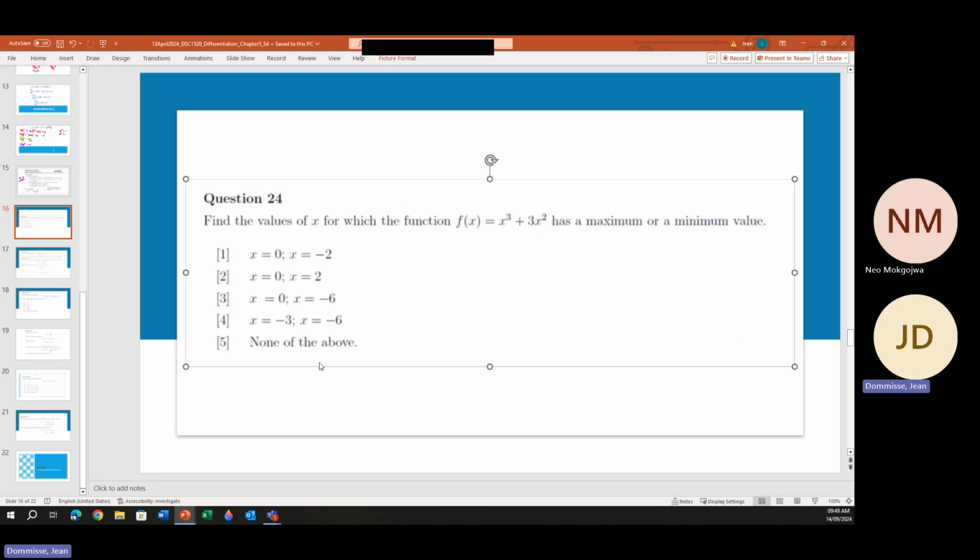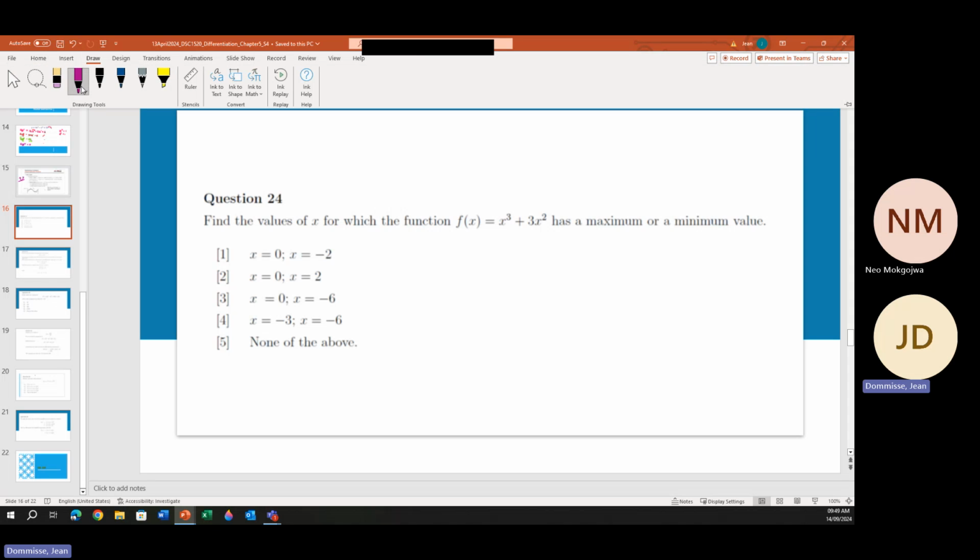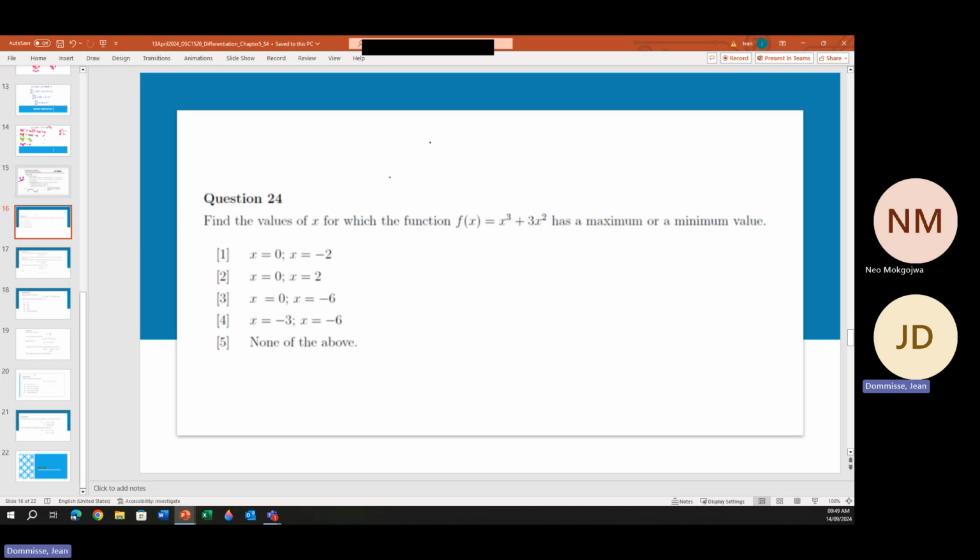Here is one of them. Find the values of x for which the function x to the power of 3 plus 3x to the power of 2 has a maximum or a minimum value. Again, it might be totally wrong, but I just want to nearly show something like this.